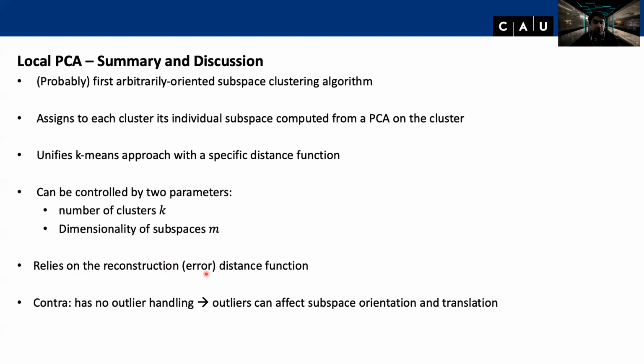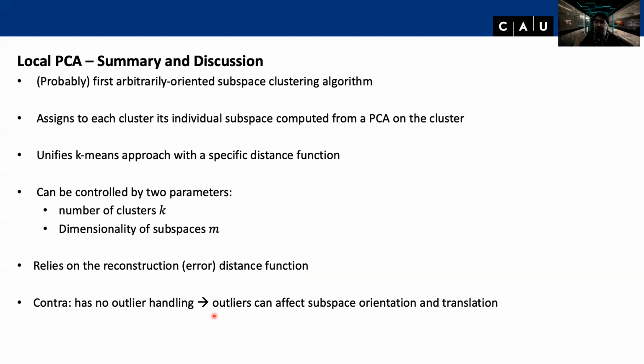It relies on a reconstruction error or distance function, but no algorithm is perfect, especially not if it's the very first one. That has to be considered. One contra is it has no outlier handling. However, in k-means, outliers may affect the way that the partition is formed.